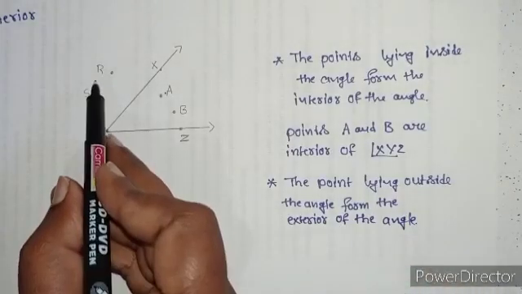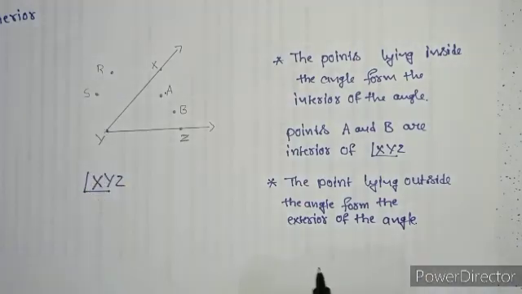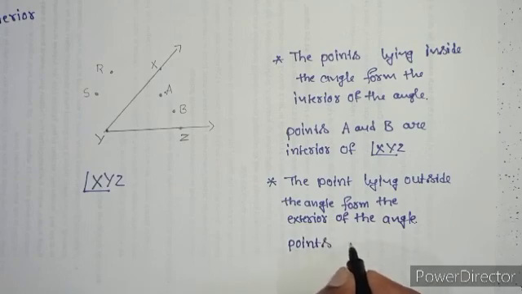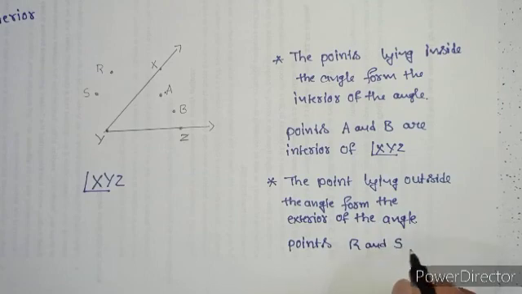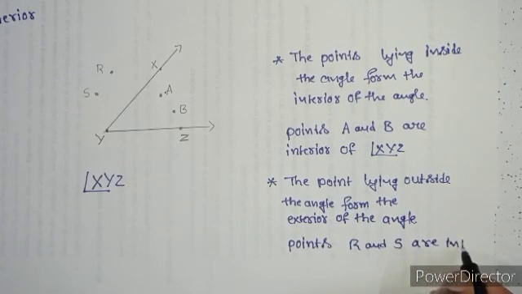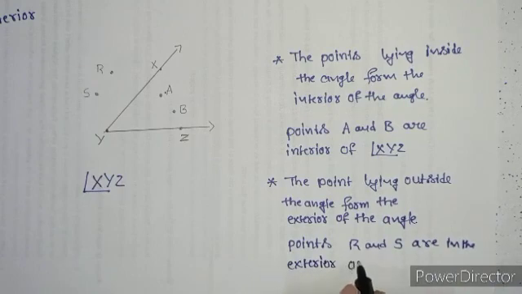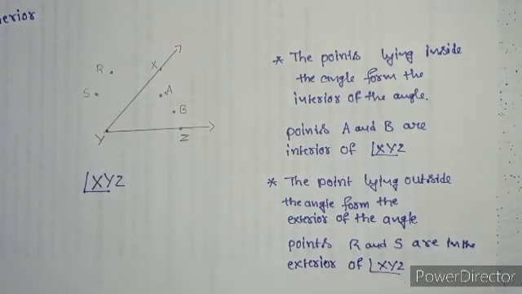So here points R and S are in the exterior of angle XYZ.